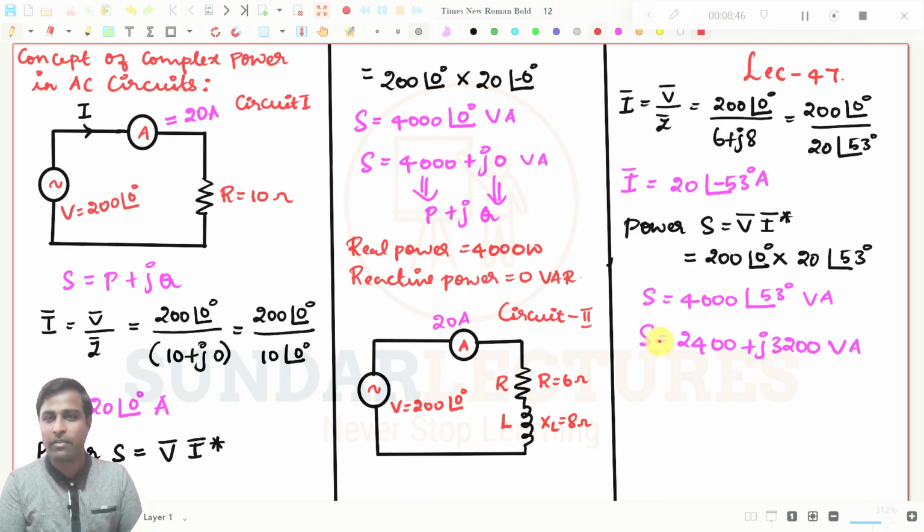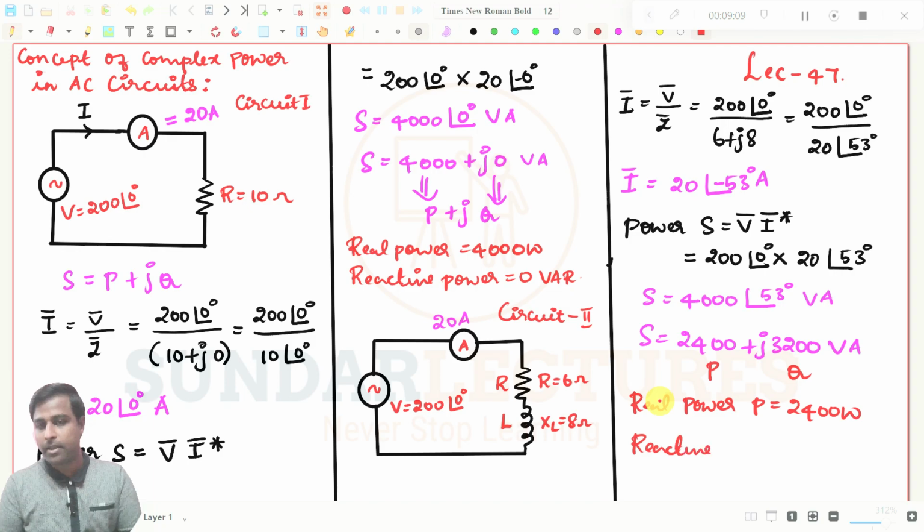What is the real power here? This is P, and this is Q. This is the value of Q. Real power P is equal to 2400 watts, and reactive power Q is equal to 3200 volt ampere reactive.